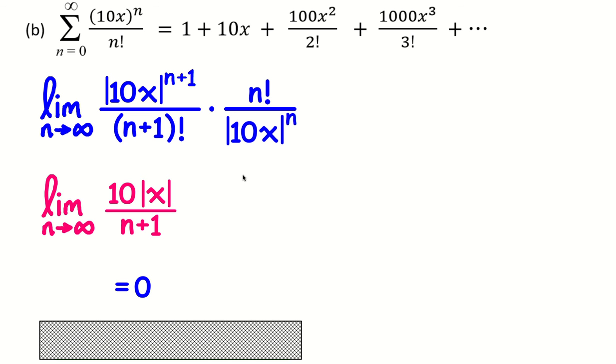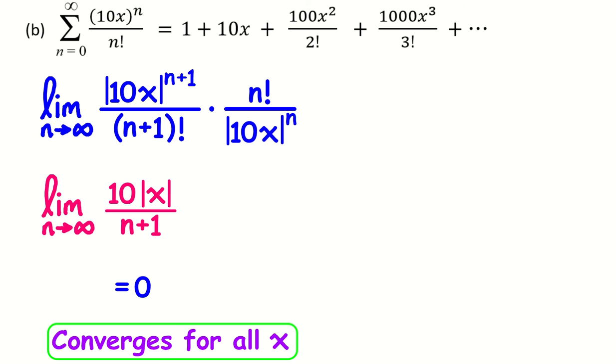When you get a limit of 0, it looks like we're always going to be less than 1. So you know what that means? That means this series converges for all x, because your limit was 0, which is always less than 1. So this is a thing that can happen.